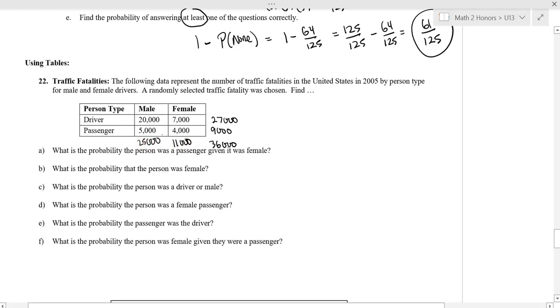Alright, what's the probability a person was a passenger given it was a female? So out of the females, which are 11,000, so probability it's a passenger given female, there were 4,000 passengers, and you can reduce that to 4 out of 11.